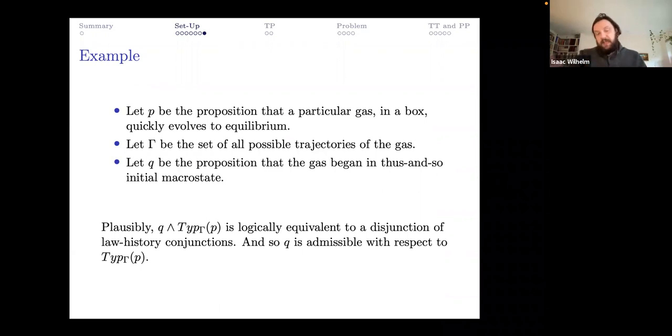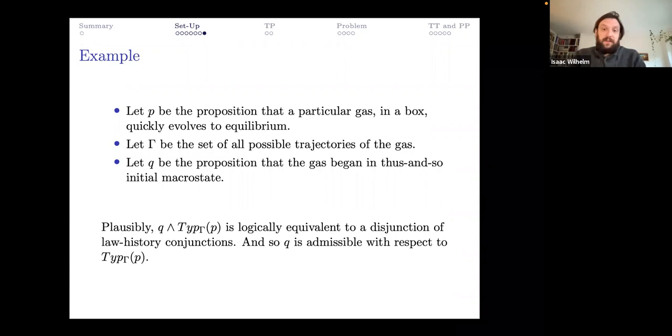Then plausibly, this conjunction is logically equivalent to a disjunction of law-history conjunctions. Why plausibly? There are a couple of different arguments you could give. The one I favor is that I think the facts about what is typical are often laws. They are just nomological; they follow from the laws plus some other nomological assumptions. So Typ_gamma(P) is a law.